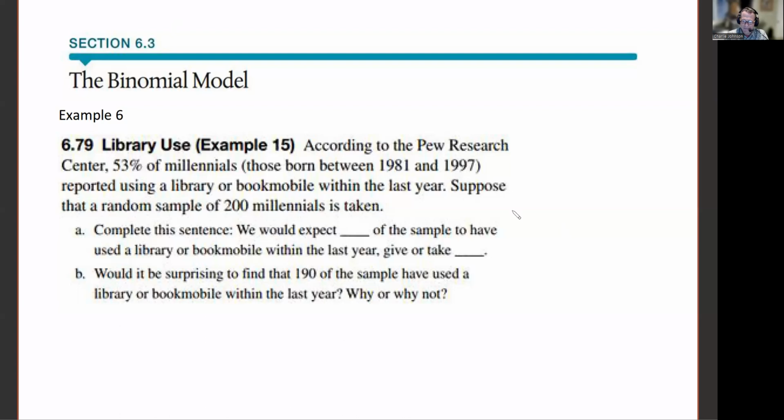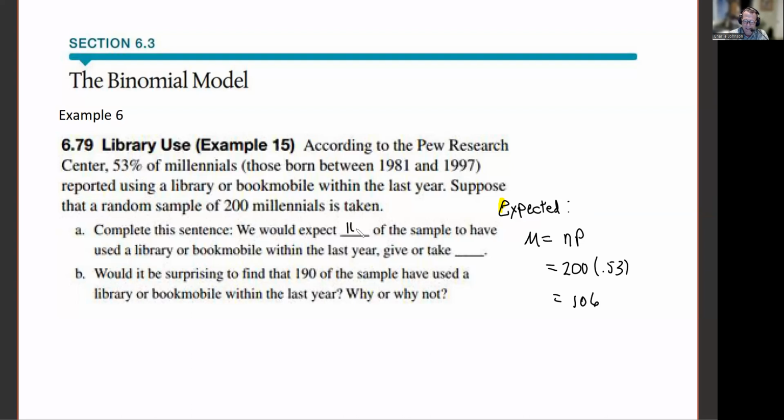So the expected value is mu, and that's given by n times p. And so we had 200 trials, the 200 millennials, and they have a probability of success of 0.53, which is 106.